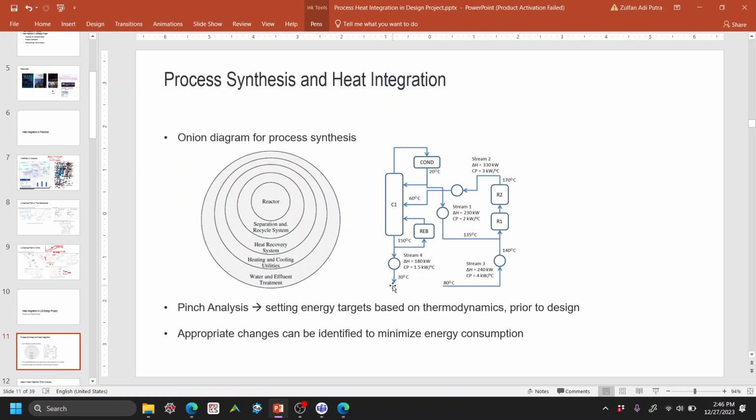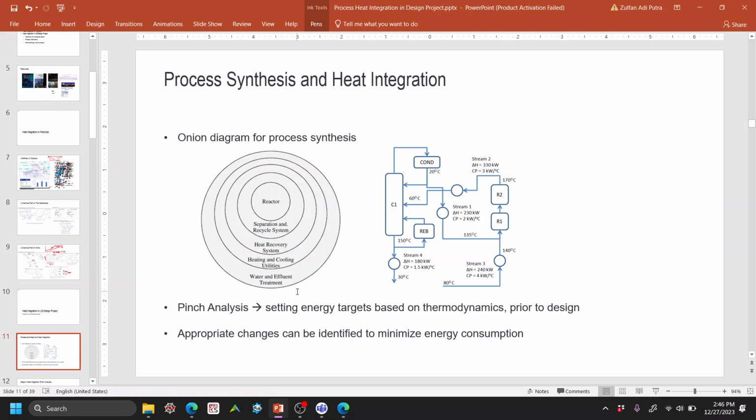So that's basically the simple case. Once we get the separation and recycle system, we then see what we can do to recover the energy as much as possible, right? Once we see how much energy is being recovered, we can design the heating and cooling utilities, and then the water and effluent treatment. So that's basically the steps.